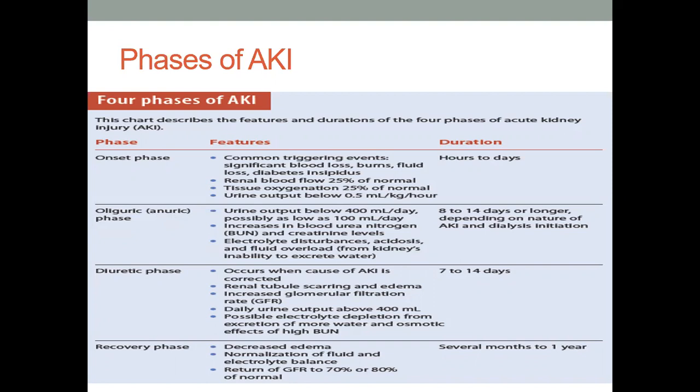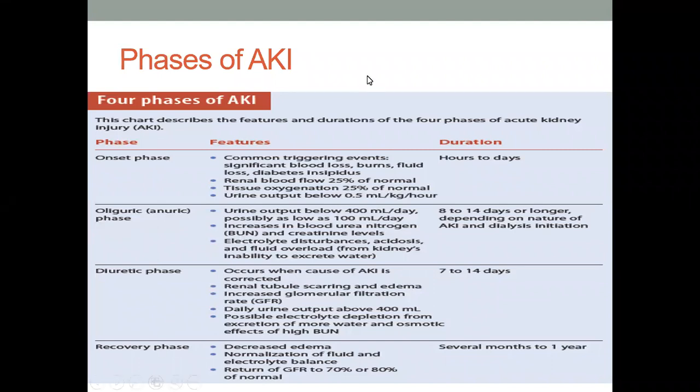Here the common triggering events are significant blood loss, fluid loss, diabetes insipidus. Renal blood flow is 25% of normal in this period, and tissue oxygenation is also about 1/4, and urine output at this stage is less than 0.5 ml/kg per hour. This is the onset stage of acute kidney injury.